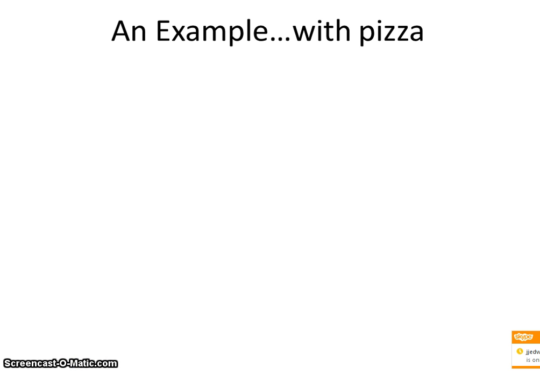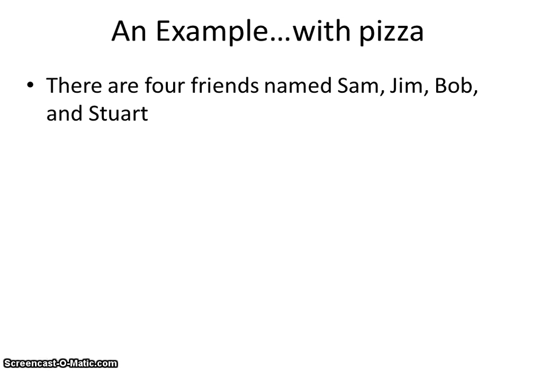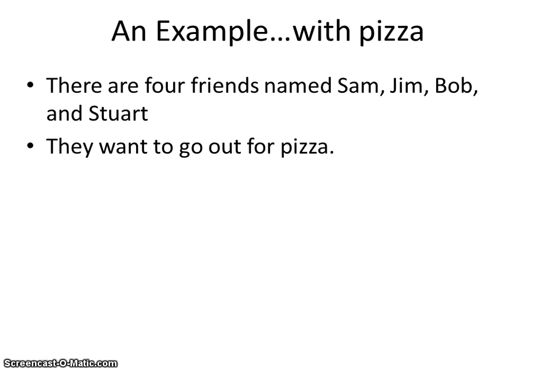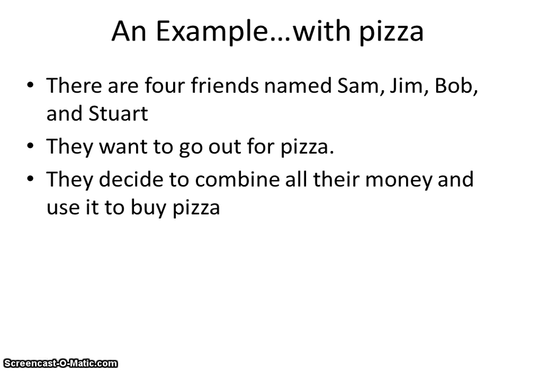So the example we'll use is one of four friends, Sam, Jim, Bob, and Stuart, who are together with some free time, and it is their plan to go out for pizza. Now, no one person has enough money to buy pizza, but if they put their money together, they can get pizza and share it. So that's what they're going to do. They're going to combine all their money and enjoy some pizza together.